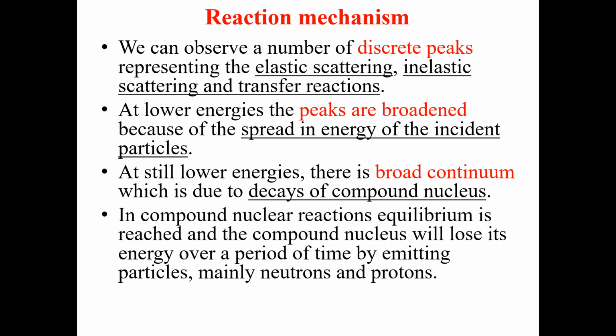In compound nuclear reactions, equilibrium is reached and the compound nucleus will lose its energy over a period of time by emitting particles, mainly neutrons and protons. So when the compound nucleus is decaying, the particles emitted are some neutrons or protons, which escape from the compound nucleus.